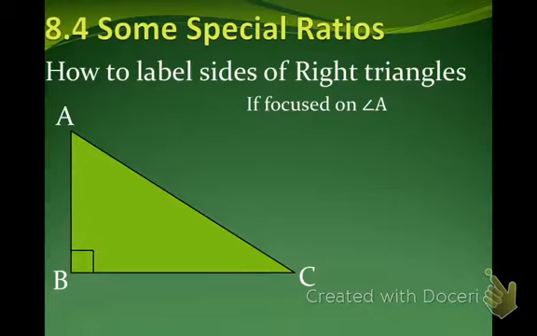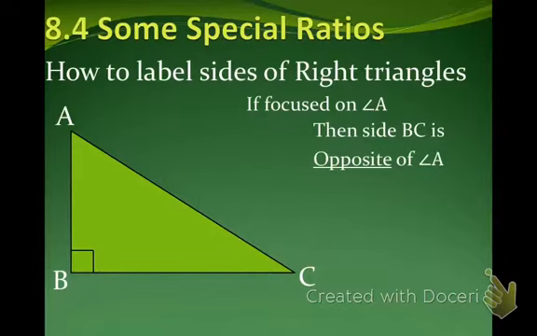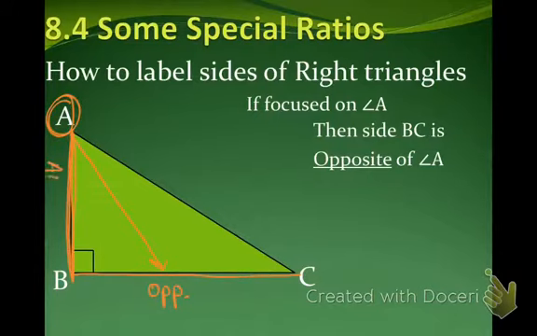If we focus on A, then we'll have to think about other sides in relation to A. So in this situation, BC would be opposite of A. Okay, so if my focus is A, BC would be opposite of A. BA, because it touches that angle, is what we call adjacent.